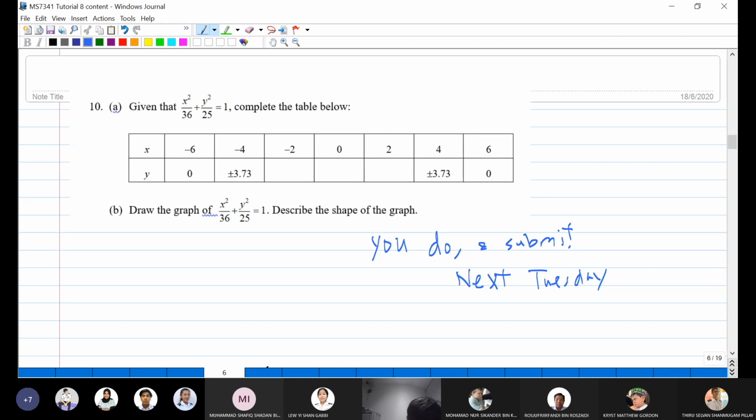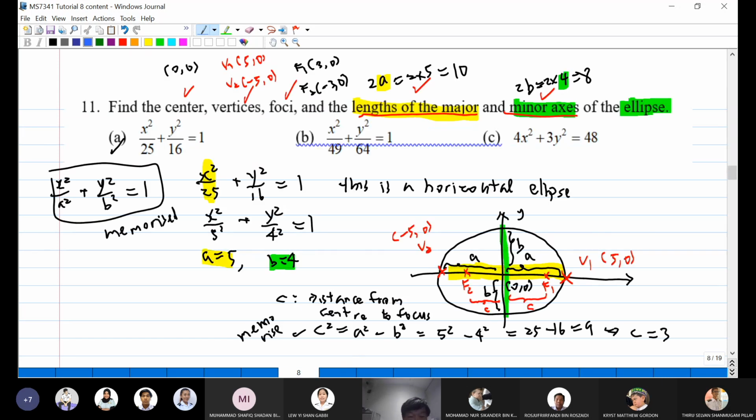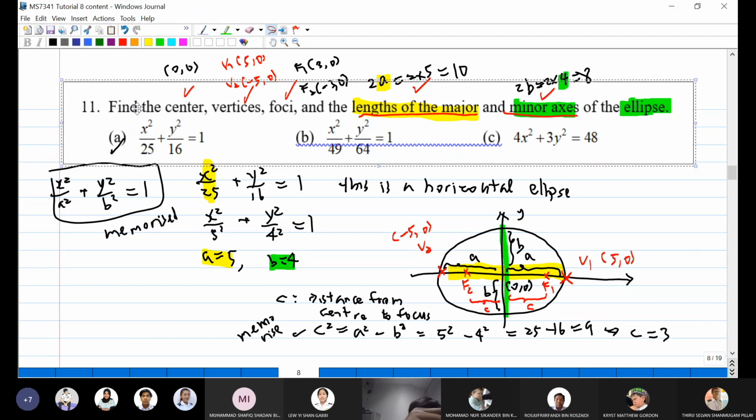So I'm going to start with question 11 to show you how to do ellipse questions. How do you draw this thing? So let me start over with question 11.